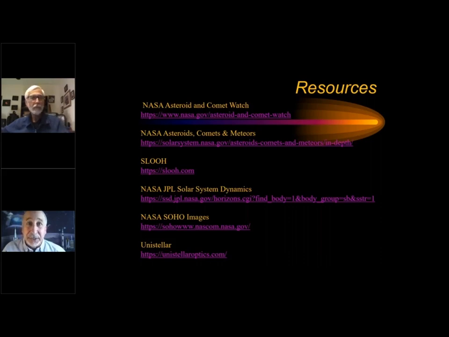The automated surveys can't find them. The amateur astronomers with telescopes can't see them because they're too close to the sun. But SOHO picks them up, and there's been a lot of comets discovered that way. And then if you're shopping around for a new telescope with a built-in imager, I've listed the Interstellar website for you as well. So plan ahead and have a lot of fun doing it.